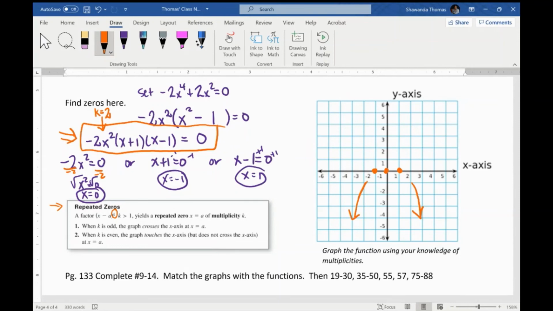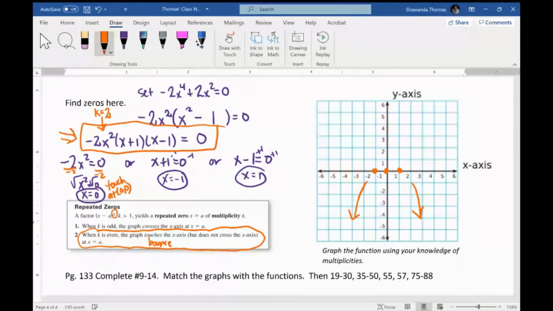Even. So it's saying that when k is even, the graph is going to touch the x-axis at that particular x-intercept. I like to say bounce there. Well, I say touch at 0, 0.